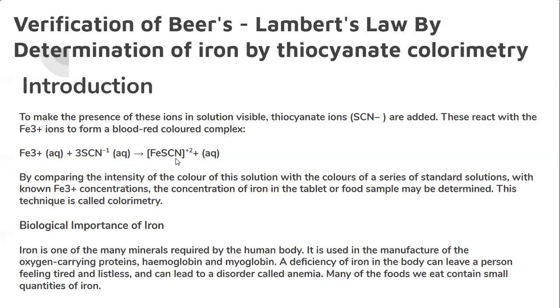Next, by comparing the intensity of the color of the solution with the colors of the standards. In colorimetry, the intensity of color of the solution depends on the concentration of our analyte. So here we are preparing different intensities of colors with respect to standard solutions.